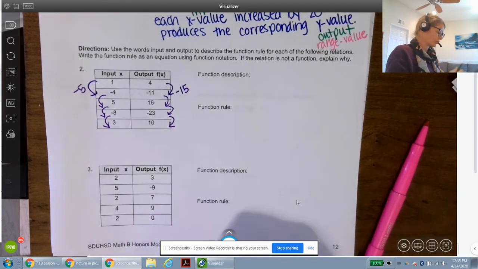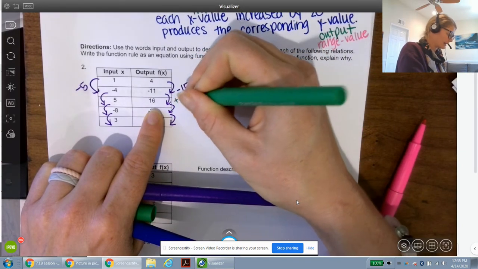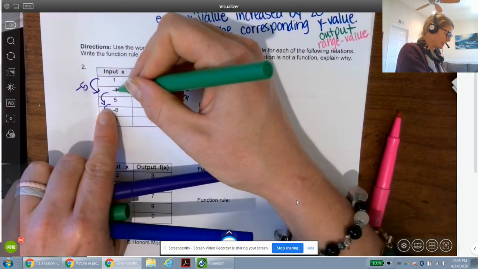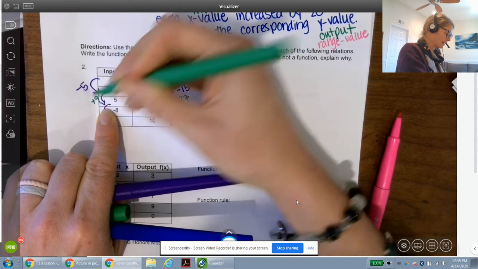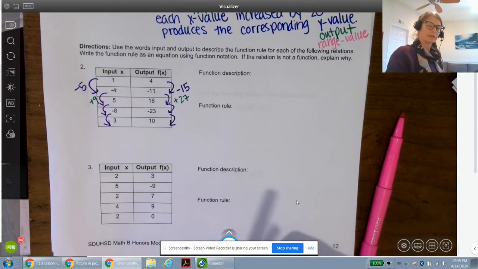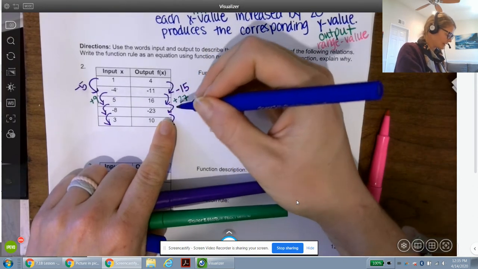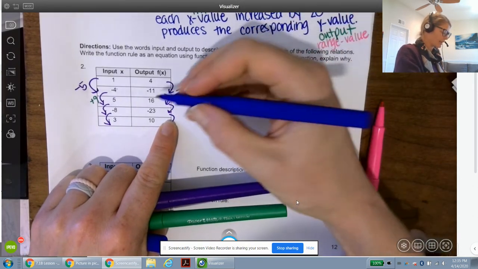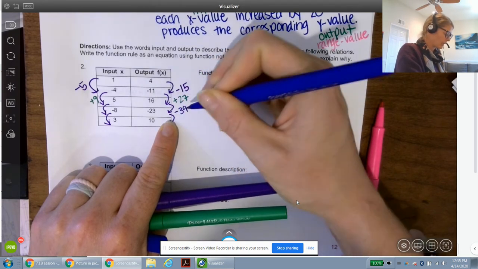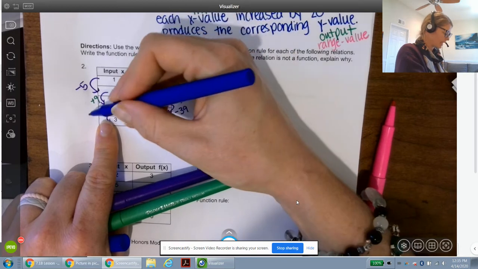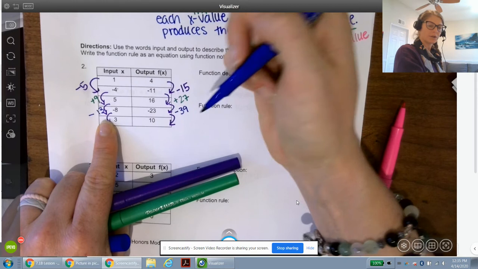And if you continue looking at the rate of change, negative 11 to 16 would be adding 27. Negative 4 to positive 5 would be adding 9. Again, 27 divided by 9, 3. 16 to negative 23, 6, 7, 8, 9, negative 39. 5 to negative 8, you would need to subtract 13. 13 goes into 39 3 times.